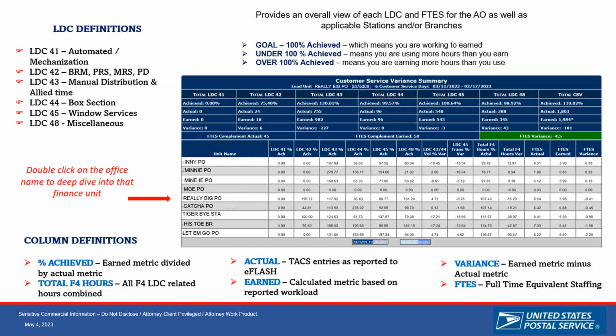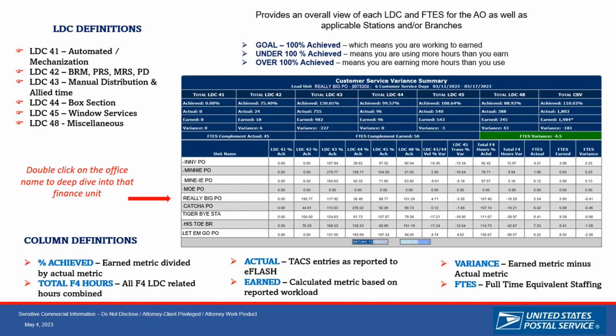Once you drill into your unit, this will be the next screen that you see. If you double click on the individual post office, it'll allow you to drill a little further. But looking just at this screen, we're looking at the percent achieved. Each column has its own LDC. LDC 41 is your automated, which is your ADIS and your Estes machines.